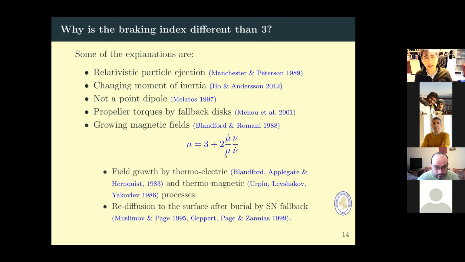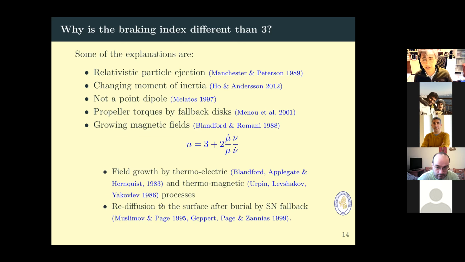Another idea is that the magnetic fields of pulsars are growing in time, and that would change the braking index from 3 to lower values, noting that nu dot is a negative value. But why would the magnetic field grow? Well, there are different suggestions, by thermoelectric effects and thermomagnetic effects.